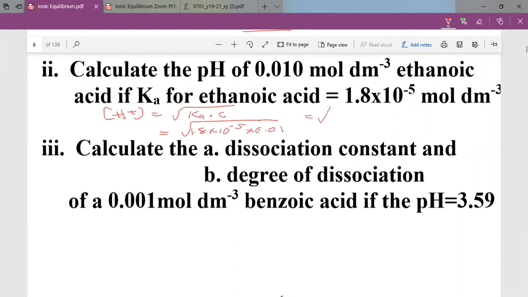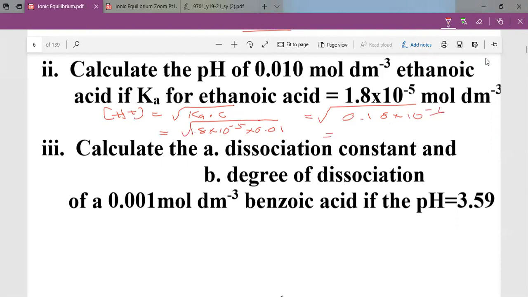To make it easier, I don't know how you do it, but my maths teacher taught me like that. It becomes 1.8 times 10 to the power minus 7, which I rewrite as 0.18 times 10 to the power of minus 6.